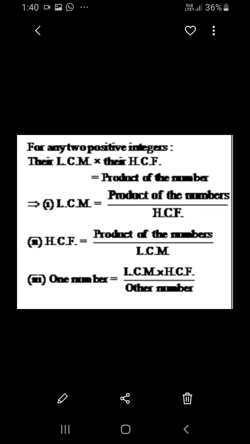If one number is given, how can you find the second number? Third case: one number equal to LCM into HCF by the other number. Okay, dear children.